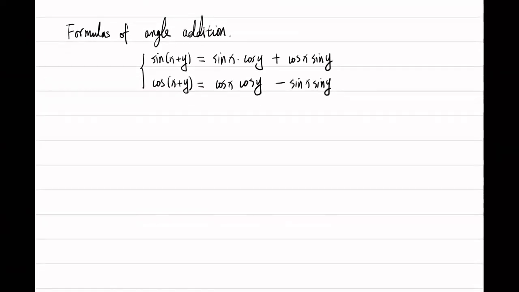Okay, so the last one is the tangent. But definition is the ratio. So for this to be defined, the domain, cosine cannot be 0.